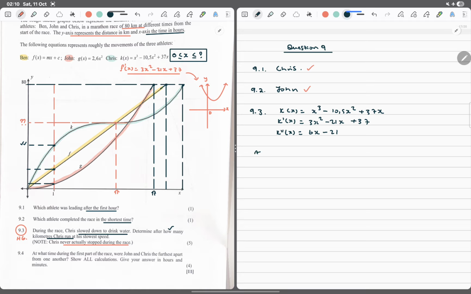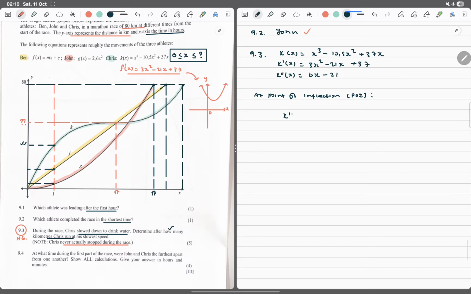We can say here at the point of inflection, the second derivative is equal to 0. This implies that 6x minus 21 is 0.